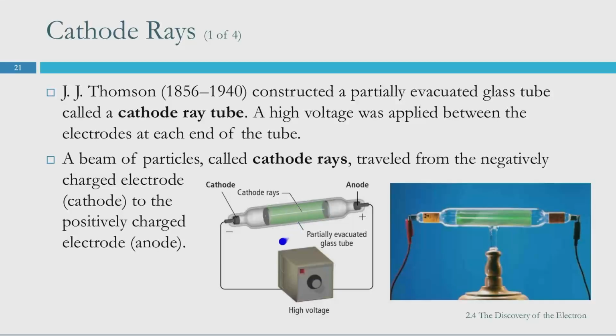He's got a negative side and a positive side, and he put a really high voltage across the tube. That high voltage resulted in a beam of something that traveled from the negative side to the positive side. He noticed a beam of something going on in there, and he called that beam of particles cathode rays.